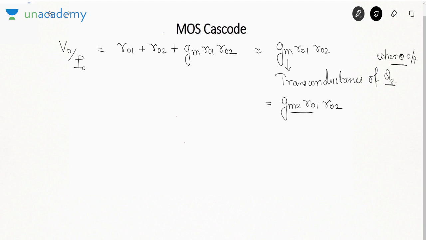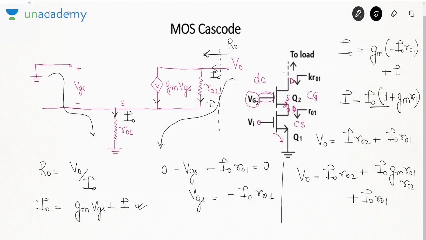Okay, now what about the overall transconductance, if I ask? How to find this overall transconductance? The overall transconductance is del I out by del Vi. Now output current is this current.